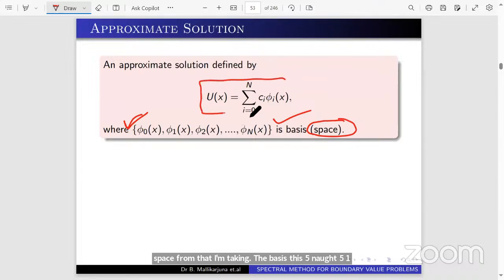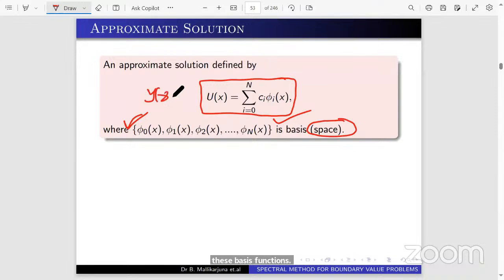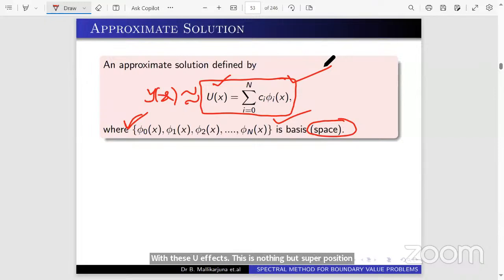With these basis functions, we approximate the solution y of x with this u of x. This is nothing but the superposition principle. Linear combinations of these basis functions.